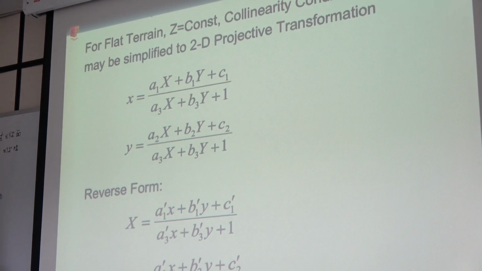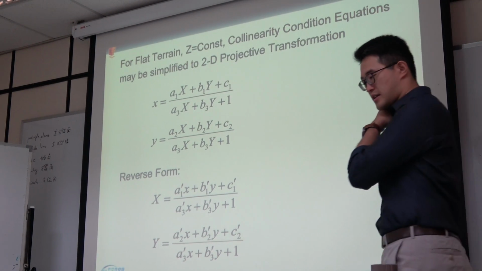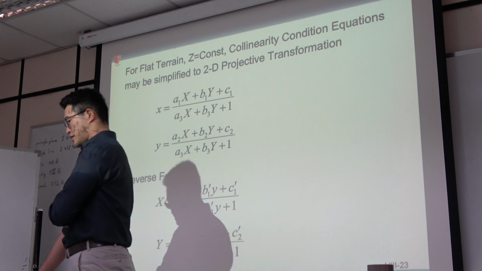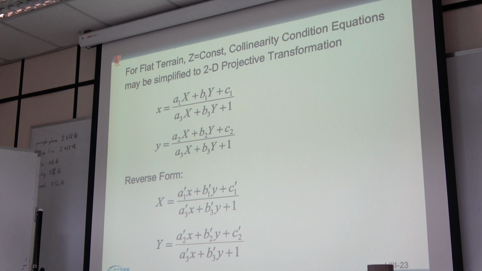All right, so this is a question for you guys. Earlier we talked about the two-dimensional (2D) projection transformation, which is the 8-parameter transformation function, and the purpose of that is to describe the relationship between two planes that has a certain perspective projection transformation.